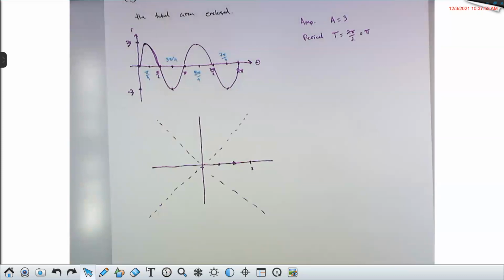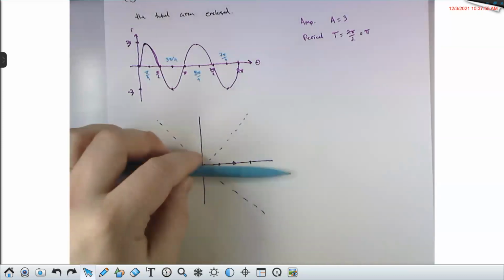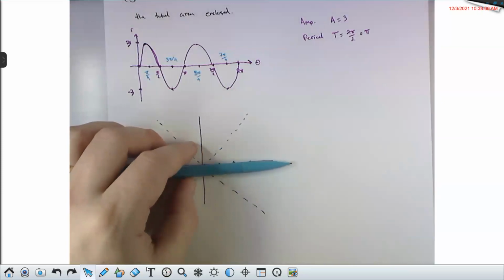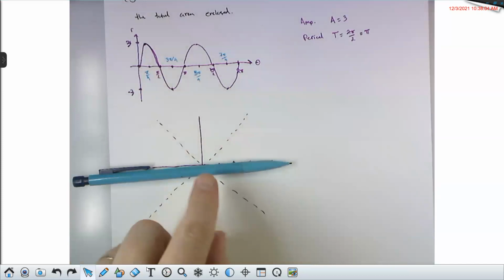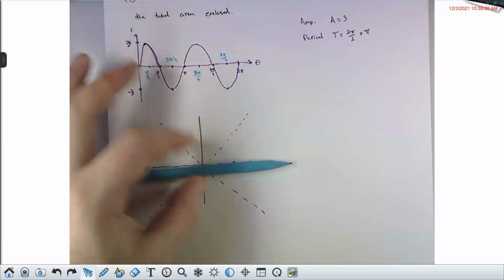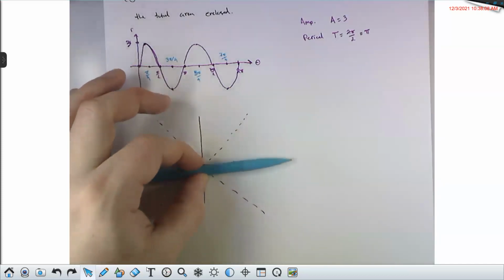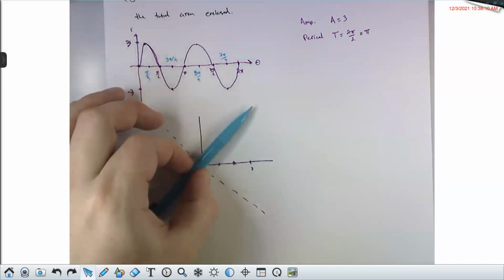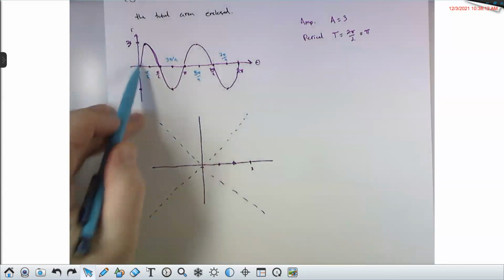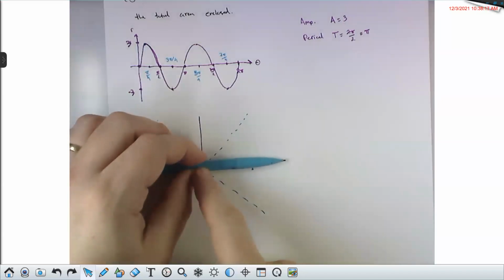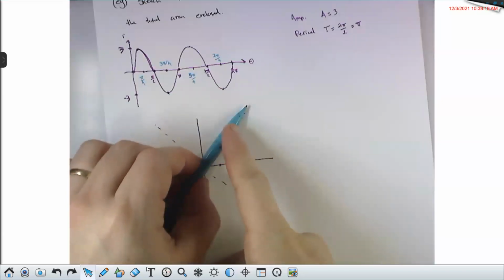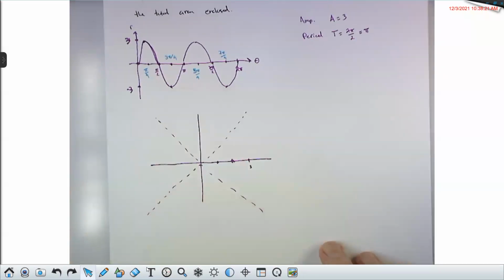When I have done no rotation at all, my little arm is right here. The little dude is at the origin, right? Because we're starting here with theta is 0, r is also 0, so my dude starts here. As I rotate up from theta equals 0 towards theta equals pi over 4, my little dude is going to run out to a max radius of 3. So it's going to go like that, and that's going to look like this.